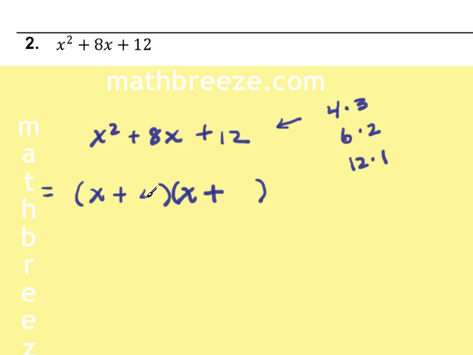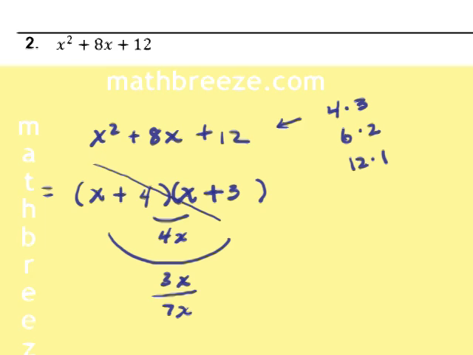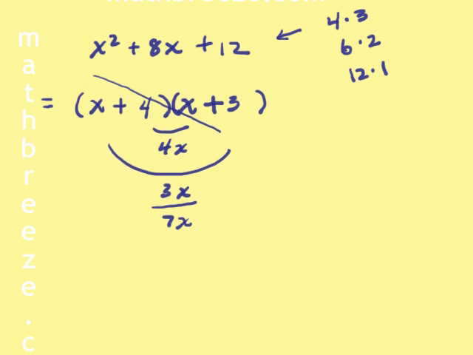So if we try 4, 3, you see we get 7x. So this is not the correct factorization. All right, so we're going to try 6 times 2. Let's do that one.